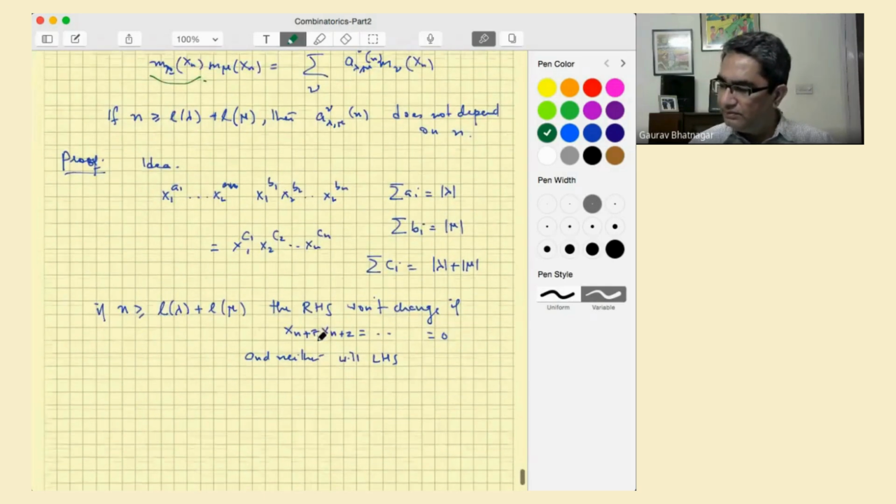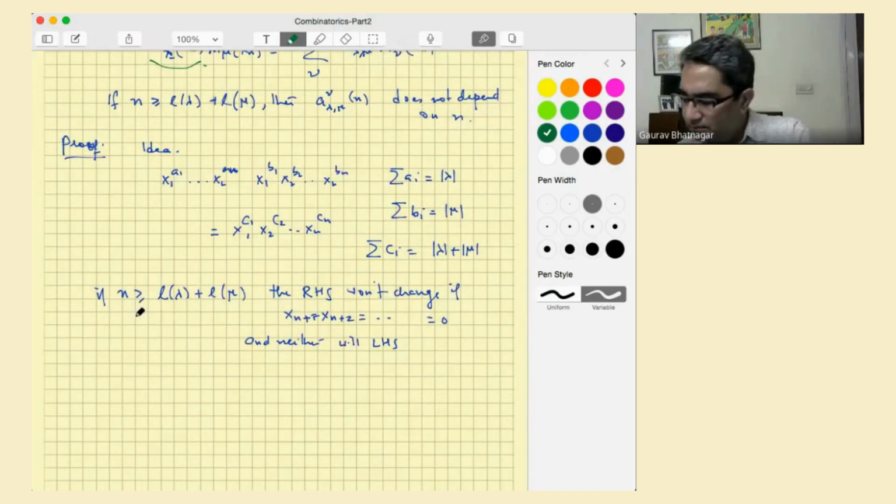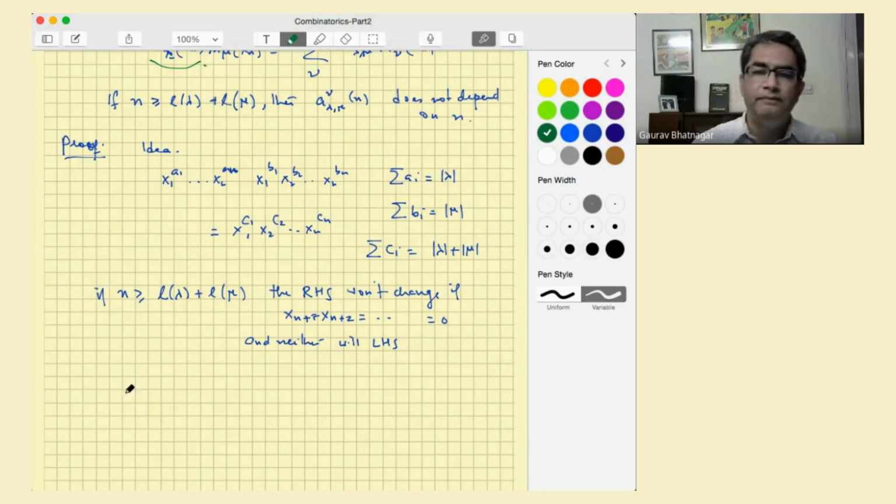Let's do an example which I have done. I can't make out what the example is, but some trivial example. So if I'm multiplying this guy, I multiply these two guys, then I get x1 squared x2 plus x1 x2 squared.